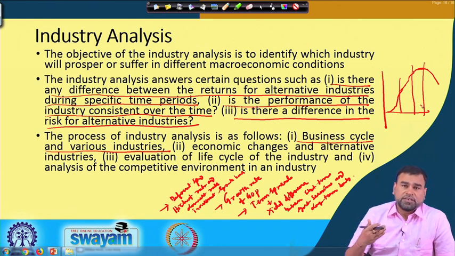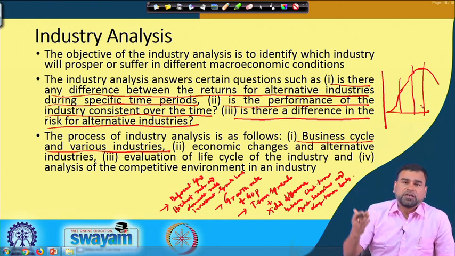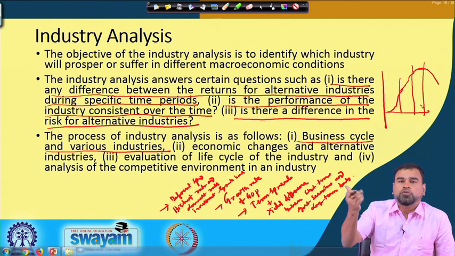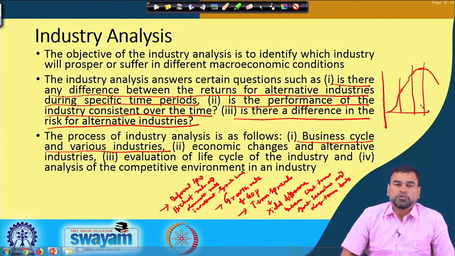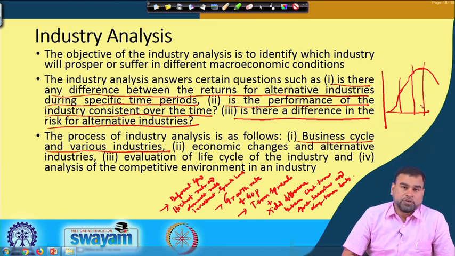Those industries may give better return in the future, though maybe not now, because the scope is high. So, depending on the investor, you can choose whether you want to invest in a matured industry, a growth industry, or an industry which has just started.